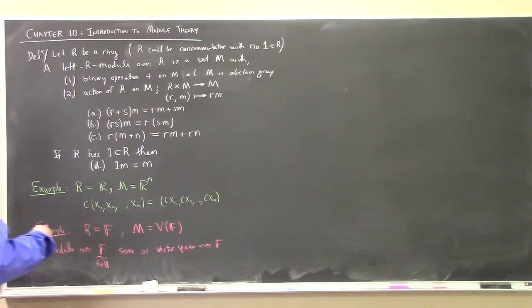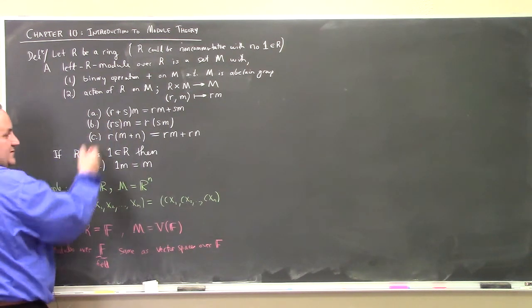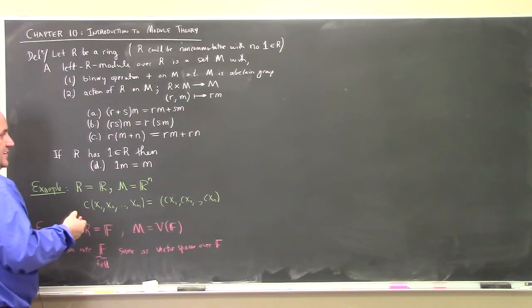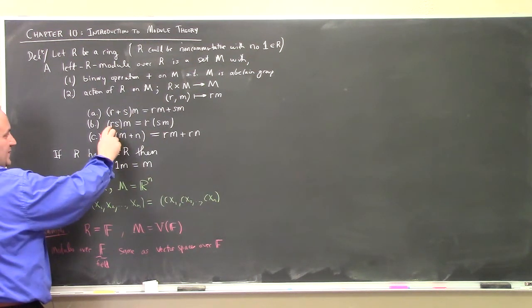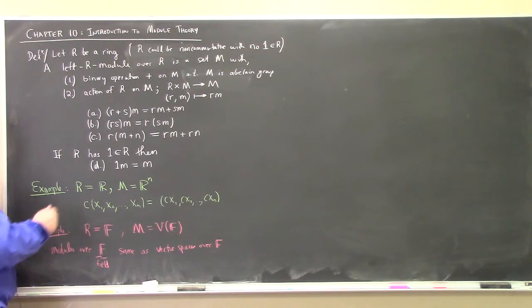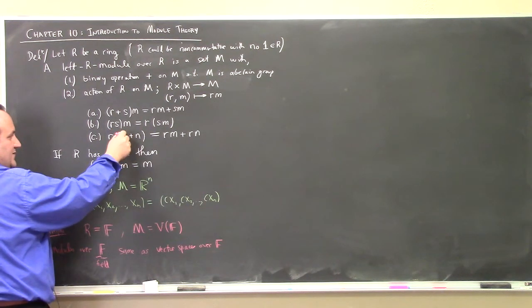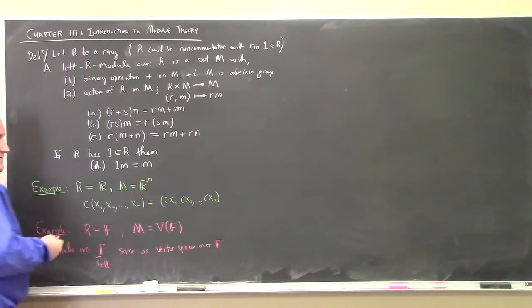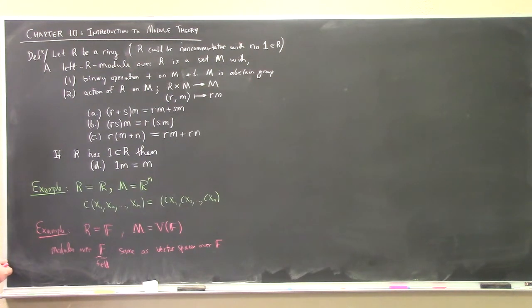You have distribution with respect to addition of scalars, and you have this kind of mixed associativity idea, multiplication of scalars versus scalar multiplication. They interact in this way. And of course, also distribution across vector addition.